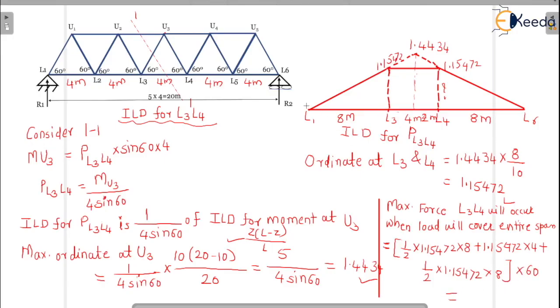This is the dark portion, the area of that portion. We have to take that area, and the total load is 831.40 kilonewton. So the maximum force is this much.